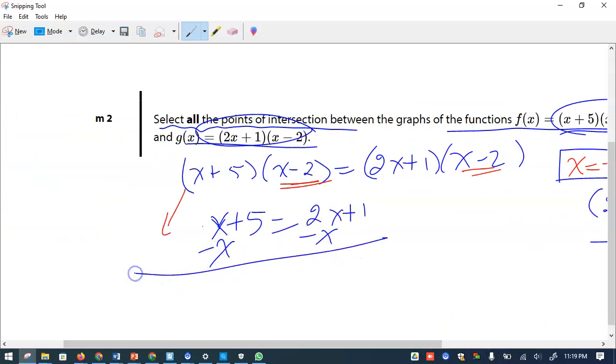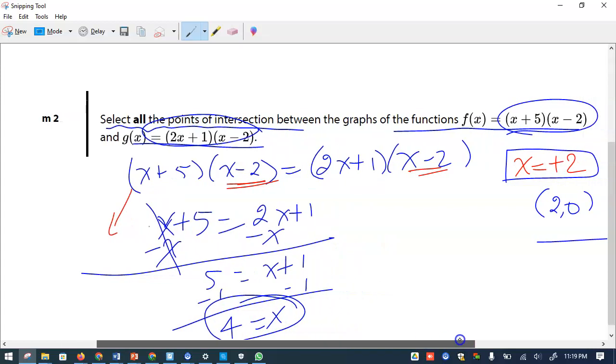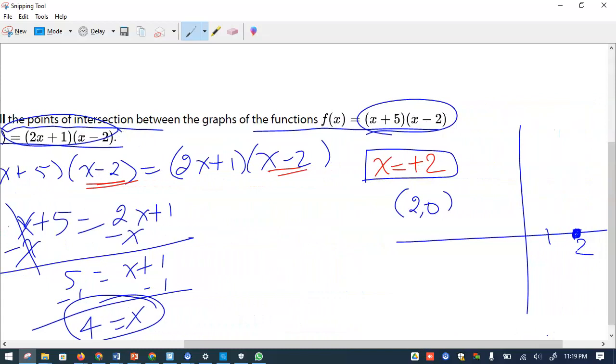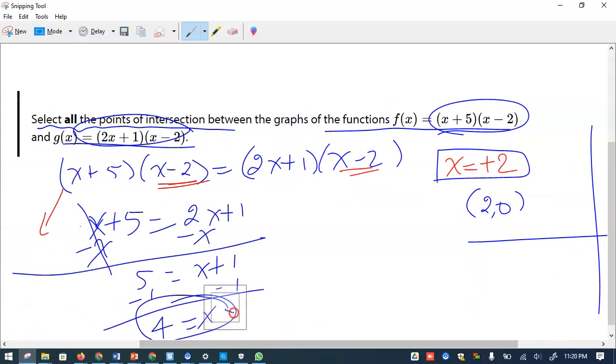So when you subtract, this x will cross out and you get 5 equals x plus 1. Subtract 1, you get x equals 4. That's it. And that means there's another point where they cross, maybe here. Another point, but when you plug in x equals 4, you have to put it here.